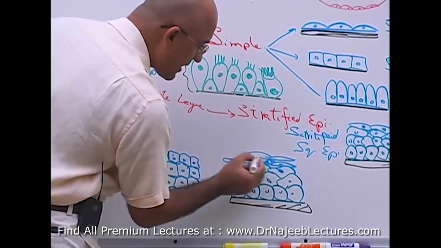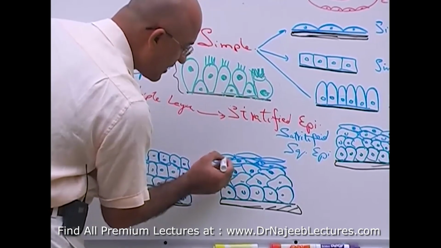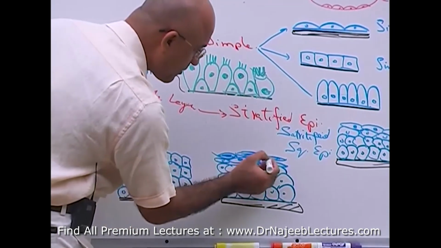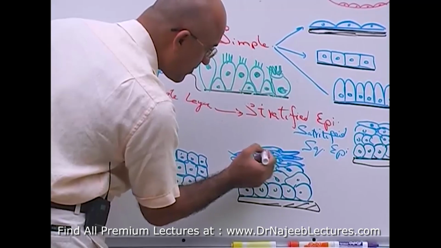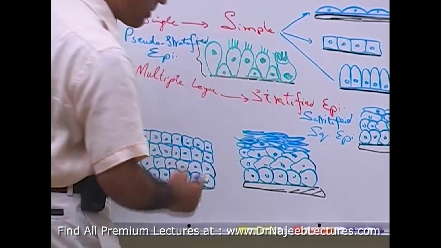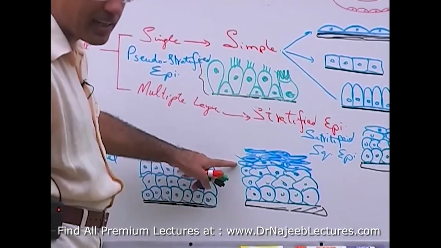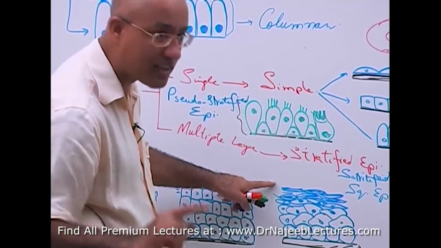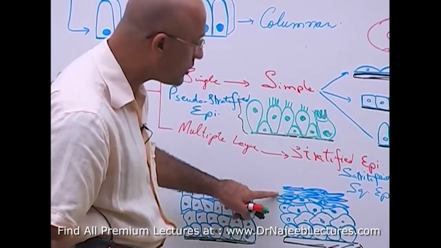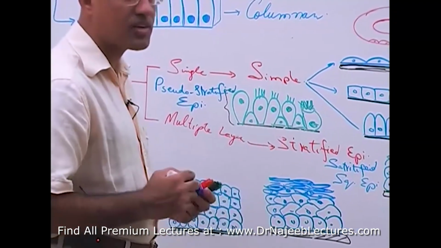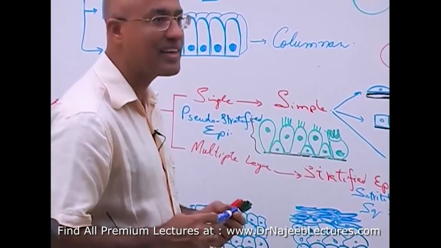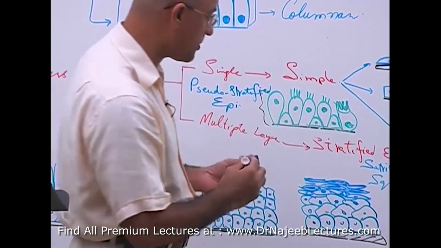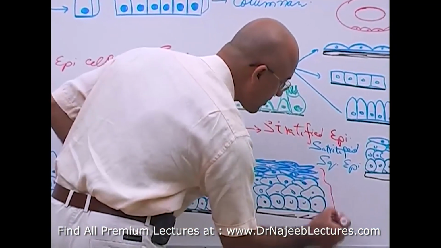These cells are very flat and they do not have nuclei. They are just full of keratin. So this type of stratified squamous epithelium, which has at the top cells without nuclei and full of keratin protein, is called keratinized stratified squamous epithelium. What will you call it?